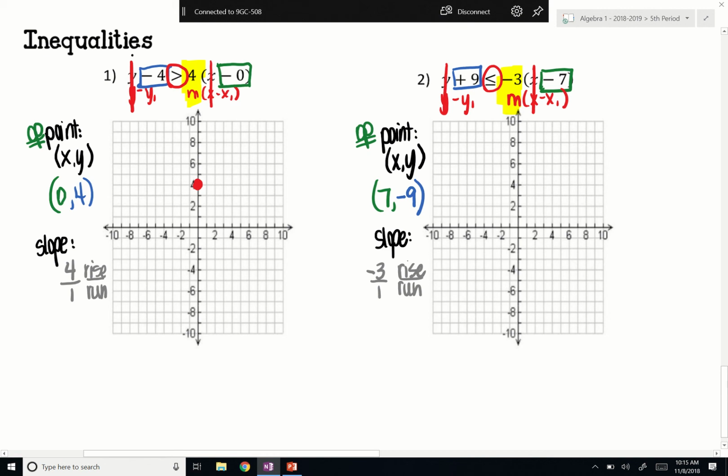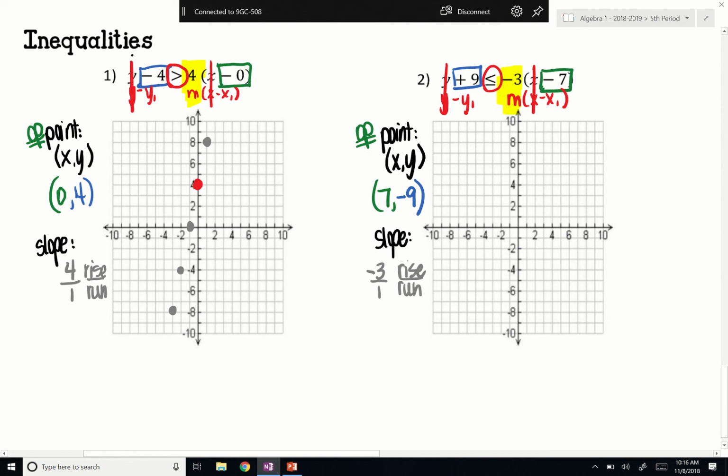Rise 4, run where? 1. Good job. Right 1. Now, can I rise 4 again? No, I'm off the graph. So I'm going to go back to my original point and go down 4. Which way? Left 1. Down 4, left 1.